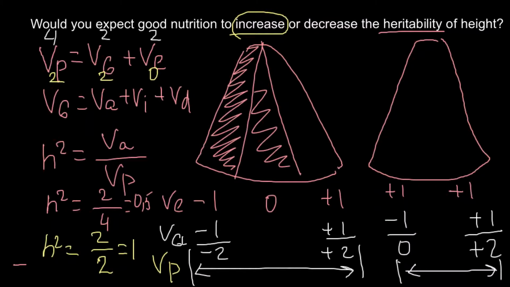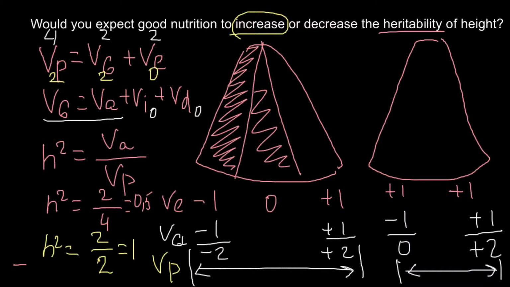And also we can say that in this example today we can ignore variance due to epistasis and variance due to dominance, and in this case variance additive would equal variance genetic. So just in order to make things easier for you to understand, we can ignore just these two variances.